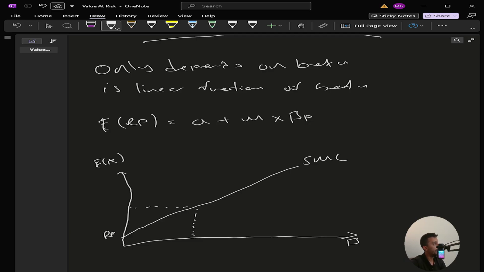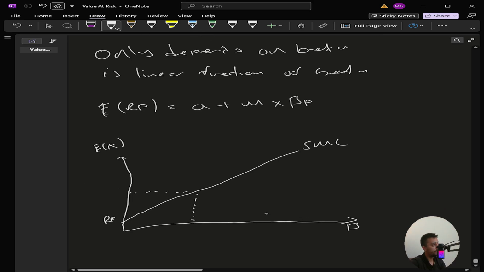In the security market line, the intercept occurs equal to 0 when there is no systematic risk. The only asset with zero market risk is the risk-free asset, which is uncorrelated with market movements and offers a guaranteed return, and therefore the intercept of the security market line is equal to the risk-free rate of return.